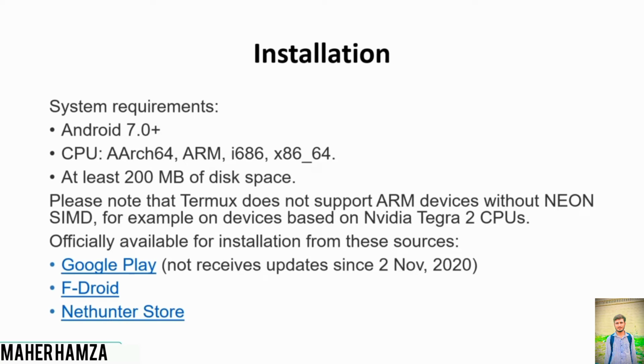If you are using any common mobile, you don't need to worry about this kind of thing. Termux works on all kinds of common mobiles. But if you are using some special Android device which has been imported from somewhere, then you have to look up the specifications of that device on the internet and check whether Termux is supported or not.